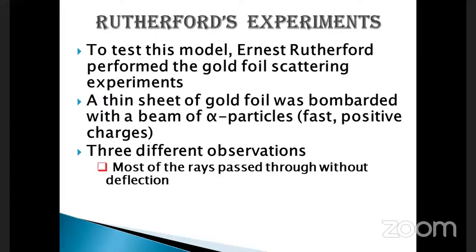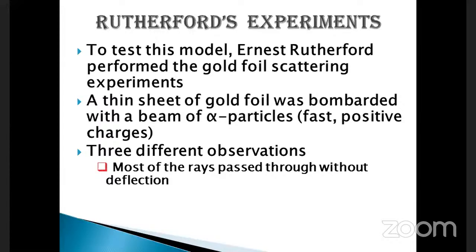So when he bombarded the gold foil with fast positive charges, he observed that most of the rays pass through, and that has a meaning, because what he had in his mind was J.J. Thomson's model, that we have a sea of positive charge, and then we now have negative charges moving.